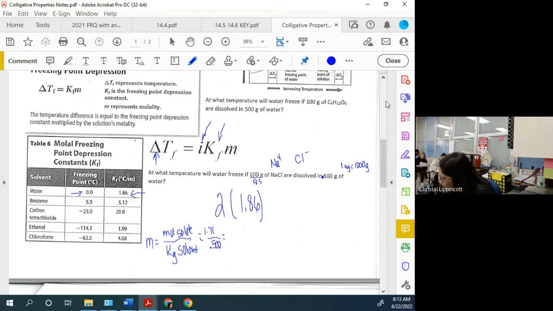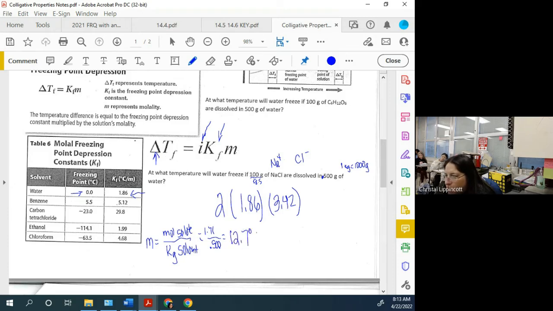That is 3.42. Now we're going to multiply these things together, times 1.86 times 2. I get 12.7.